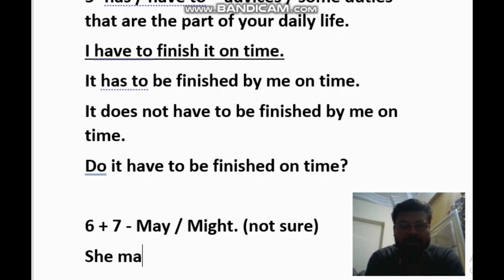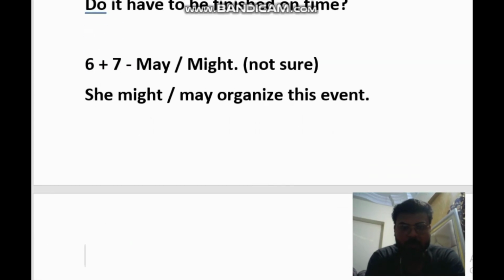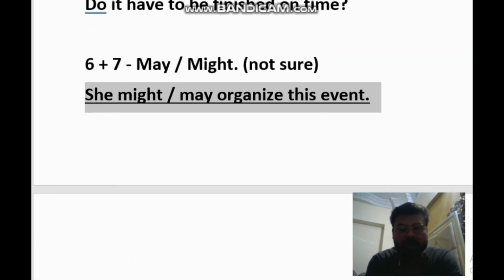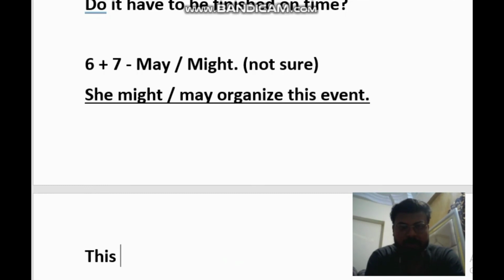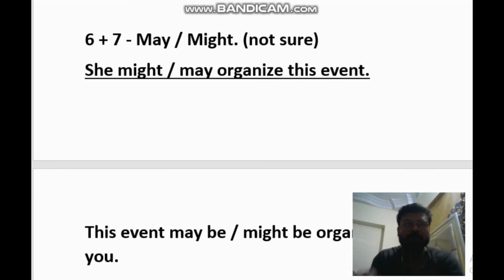So she might or may organize this event. So in passive voice, how it's going to be, this event may be or might be organized by you. You see, the same formation is being followed here.